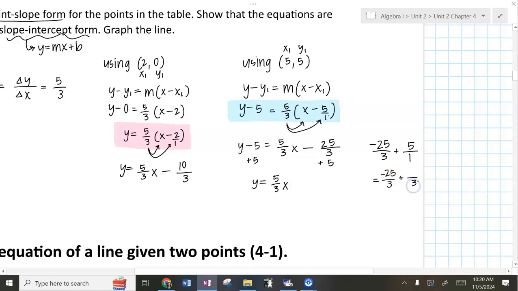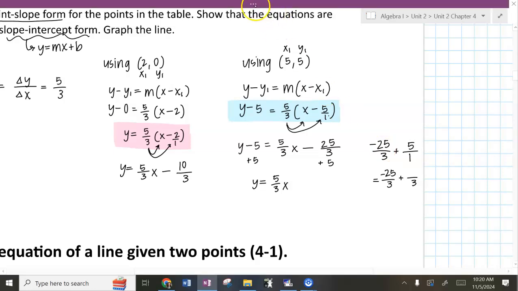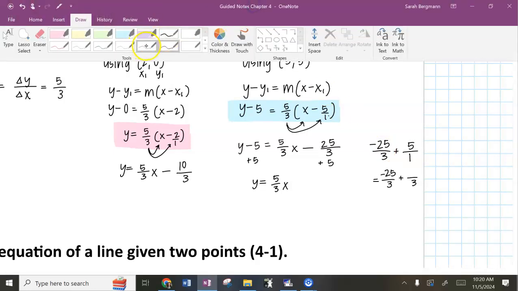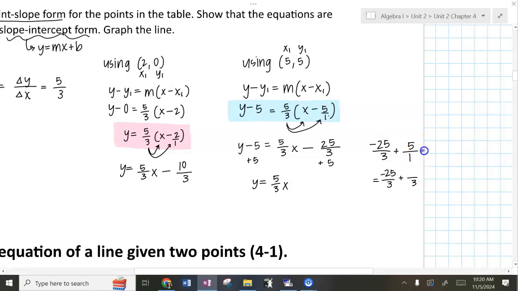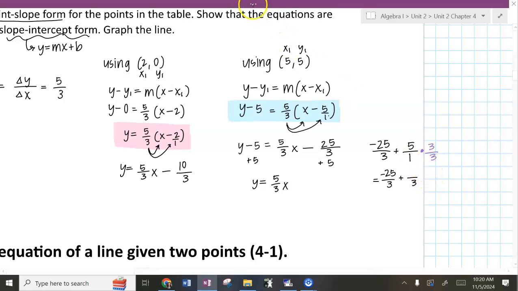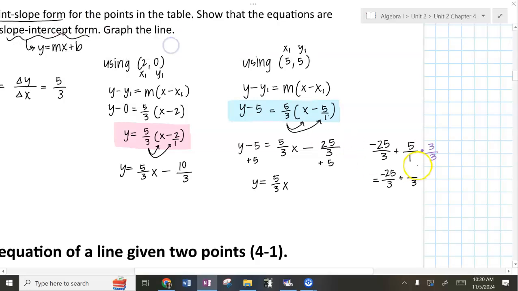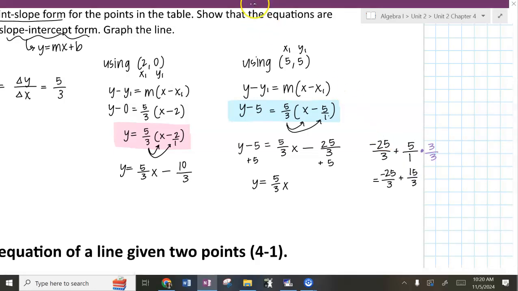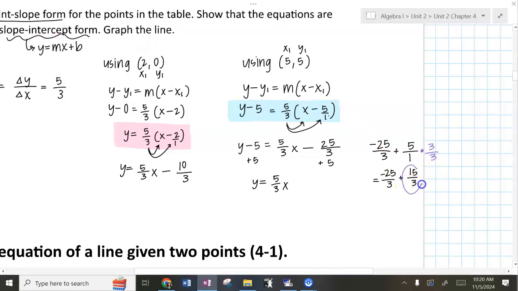In order to get the common denominator 3, the first fraction is already good, but the second fraction, we would have to multiply by our sneaky 1, 3 over 3. Remember, you can only multiply by 1 because that doesn't change the number's value. For example, 15 over 3 has the same value as 5 over 1.